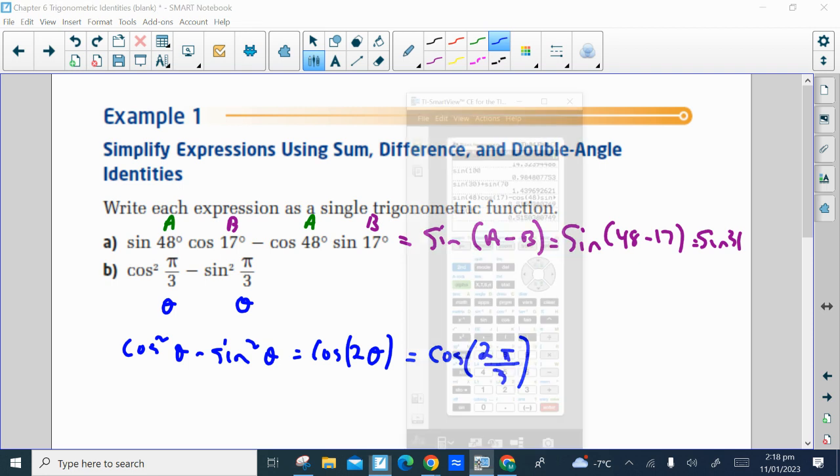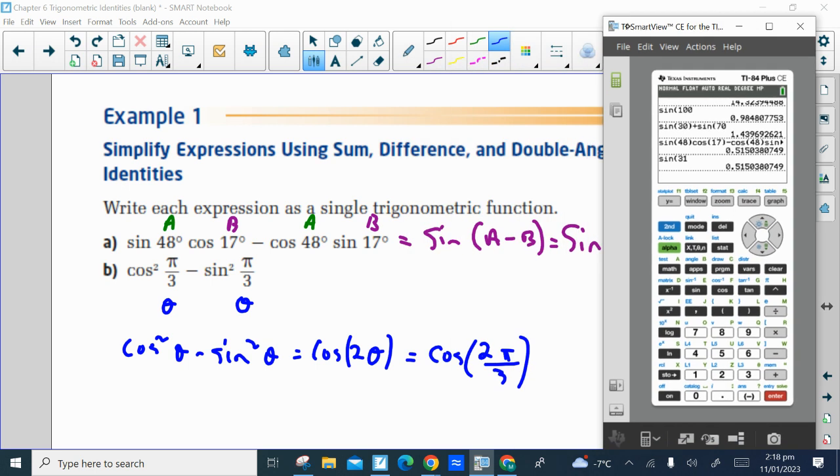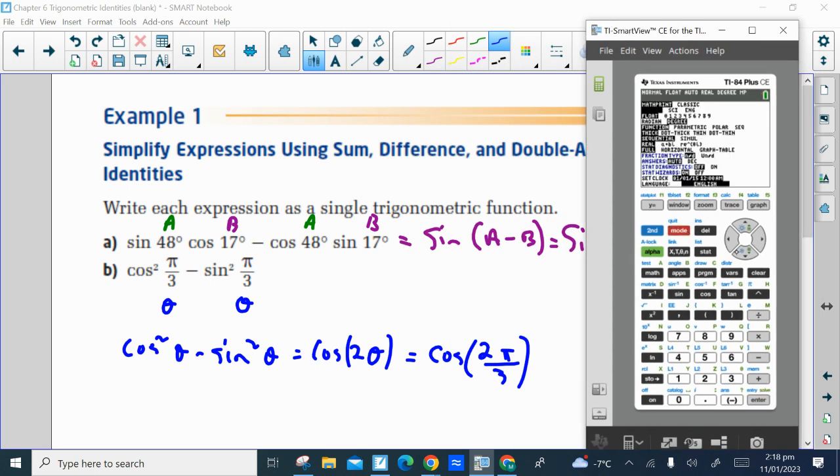And once again, we can check this. We just have to make sure in this case that our calculator is in radian mode. It's the cosine of pi on 3 all squared, take away the sine of pi on 3 all squared.